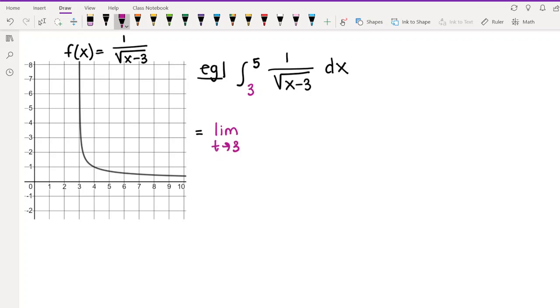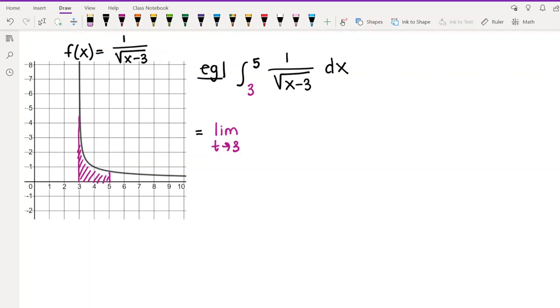So, what's the area we're looking at here? We're looking at this region. And I can't possibly draw the whole region, but even though it kind of looks like the graph touches the line x equals 3, it actually doesn't. It's a vertical asymptote, so it never actually touches x equals 3 because the function's not even defined at 3, right? So it can't have a value at x equals 3 because it's not defined there.